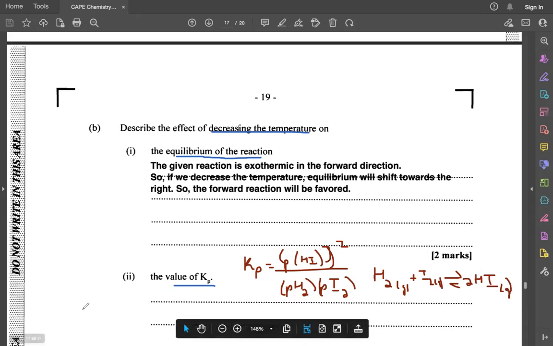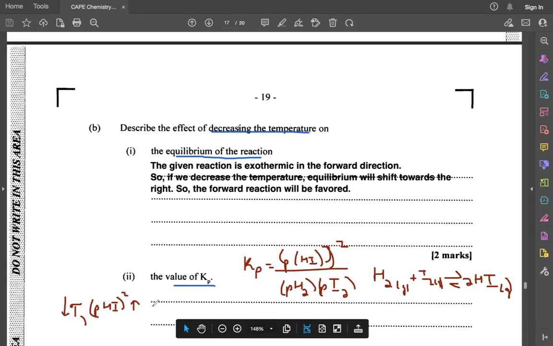So let's write that. If we decrease the temperature, then the forward reaction is going to be favored, and so the partial pressure of your products is going to go up, because we have a lot of this.